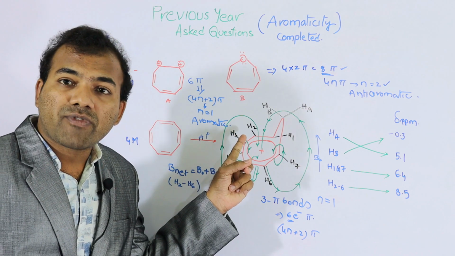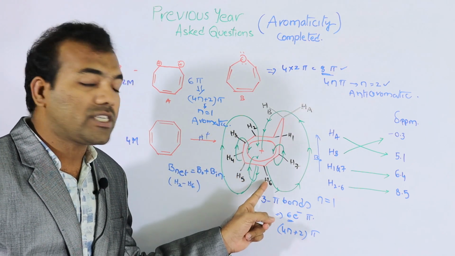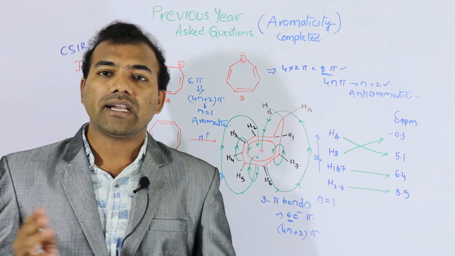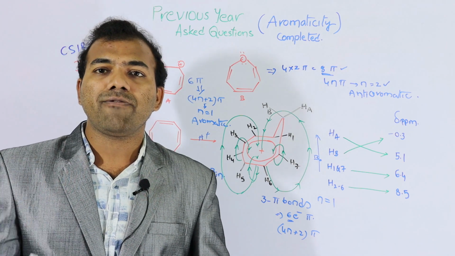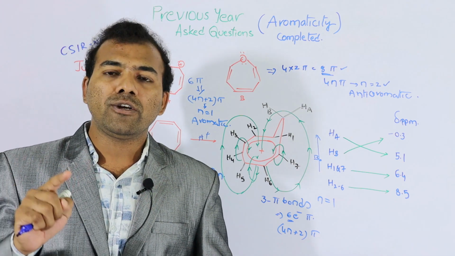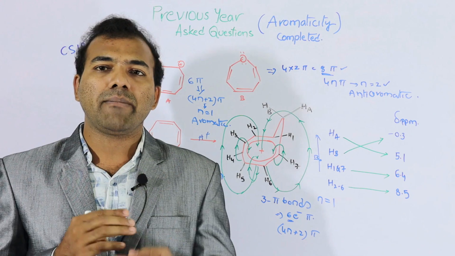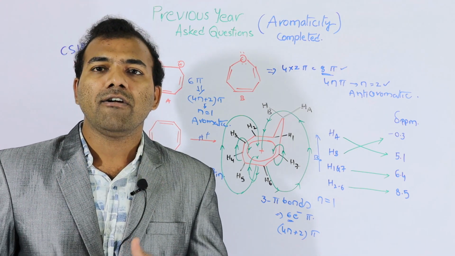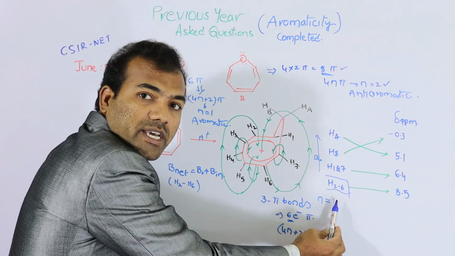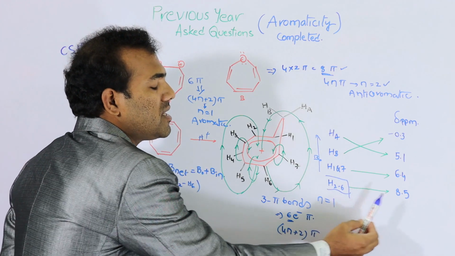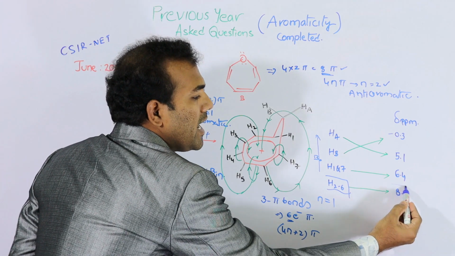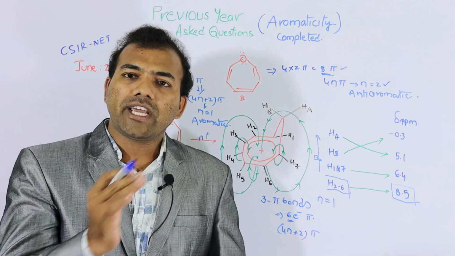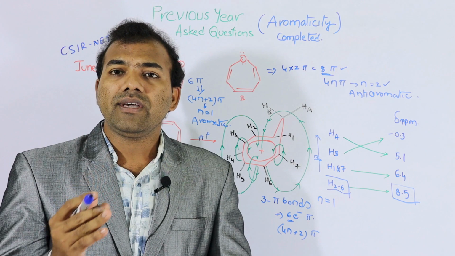These hydrogen atoms from hydrogen number 2 to hydrogen number 6 are outside the ring, in the region of induced magnetic field, and the induced magnetic field is parallel to the external magnetic field, so the net effective magnetic field is high for those hydrogen atoms. If you see, these 5 hydrogen atoms have a chemical shift value of 8.5. You check in the options, the chemical shift value is high.